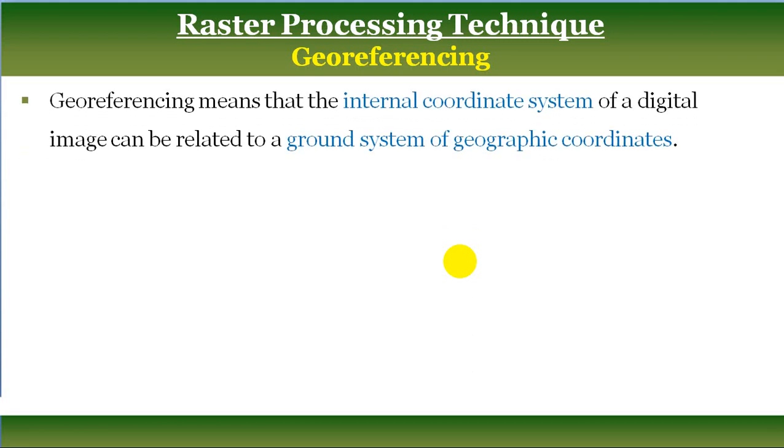One such technique is called georeferencing. This is one type of raster processing technique. What is georeferencing? Georeferencing means that the internal coordinate system of a digital image can be related to a ground system of geographic coordinate system. The internal coordinate system of an image is nothing but the row column structure.